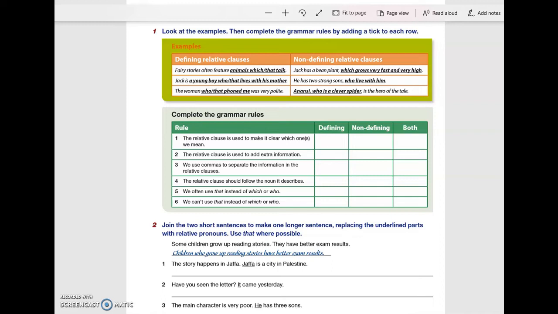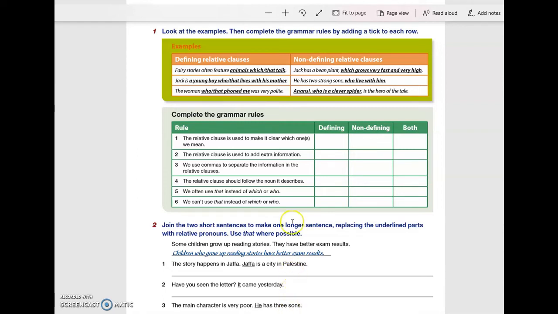Ask yourself how we join the second sentence and the third sentence. How do we join them? This activity asks you to complete the grammar rules about defining and non-defining.